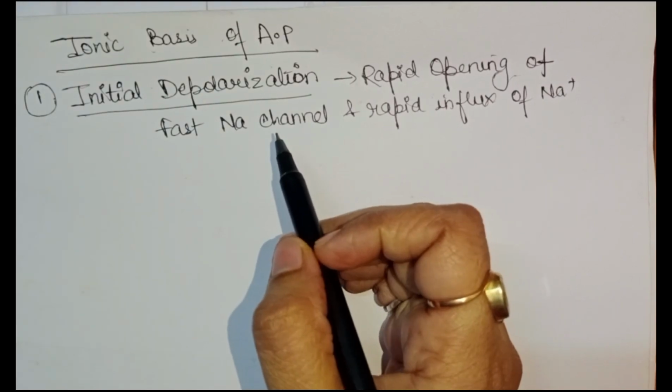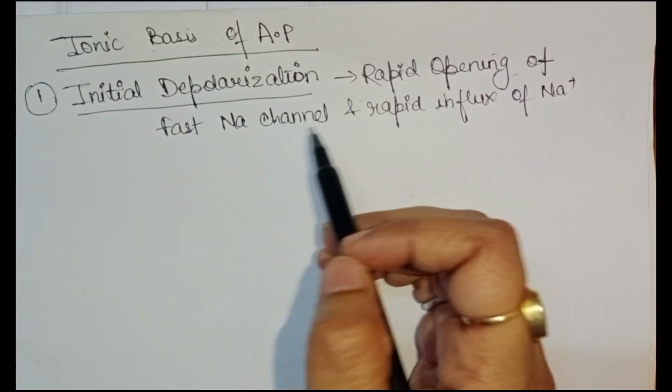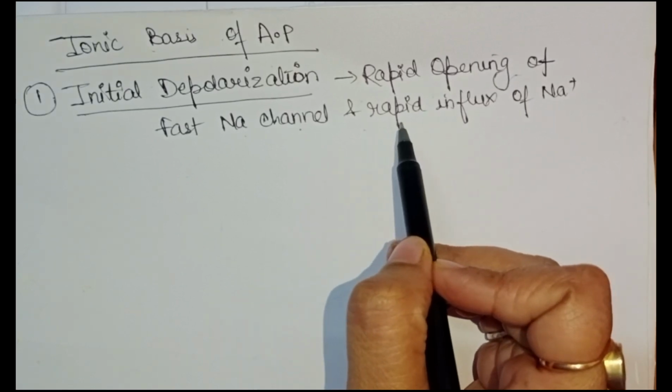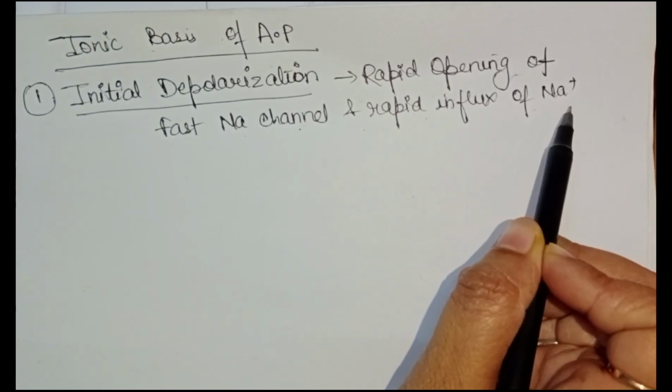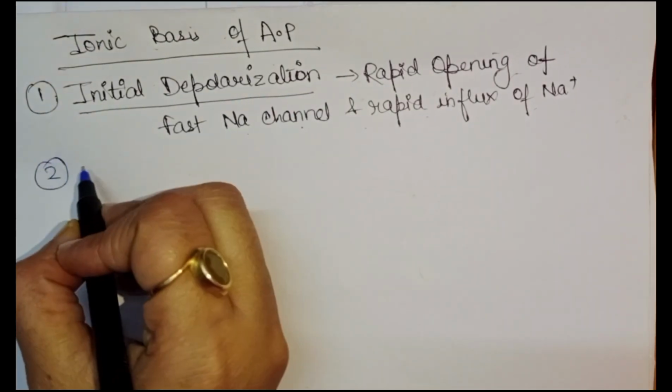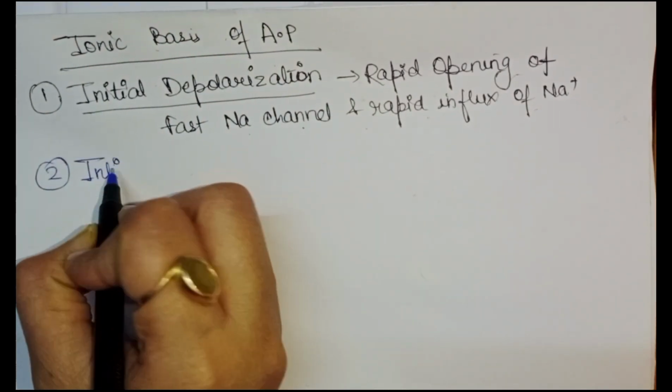What happened in initial depolarization? There is a rapid opening of fast sodium ion channels. As a result, there is rapid influx of sodium ion. Second is the initial repolarization.